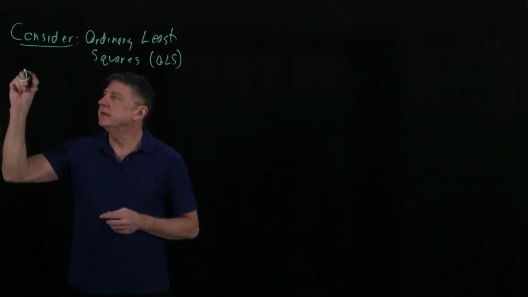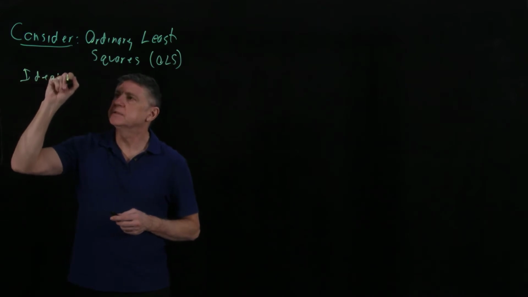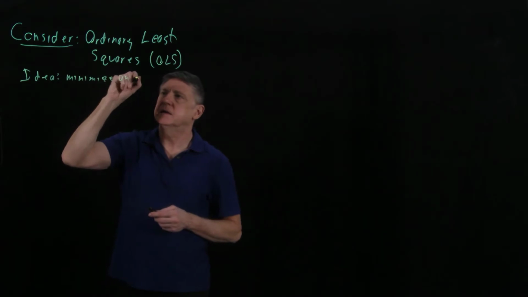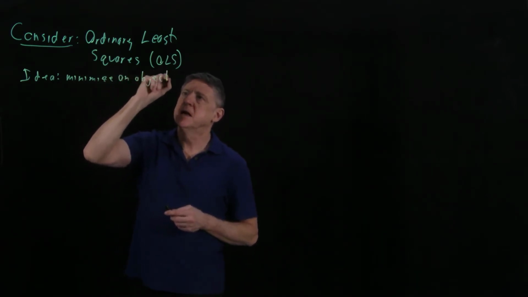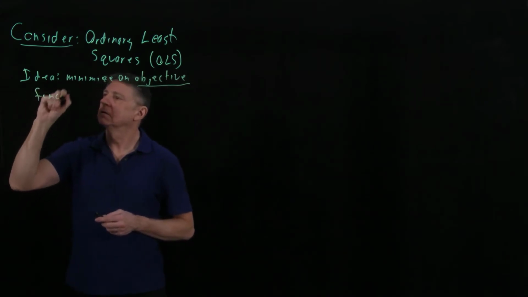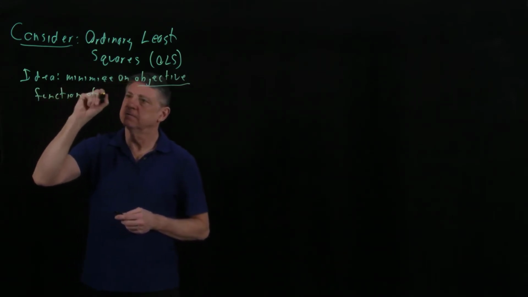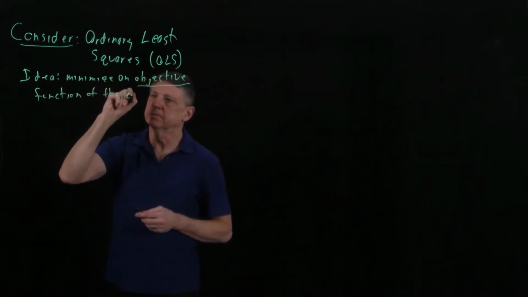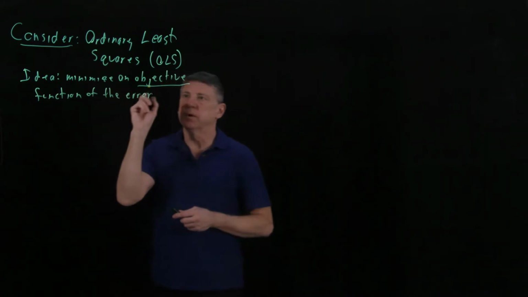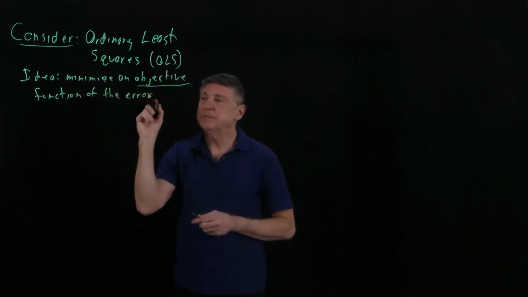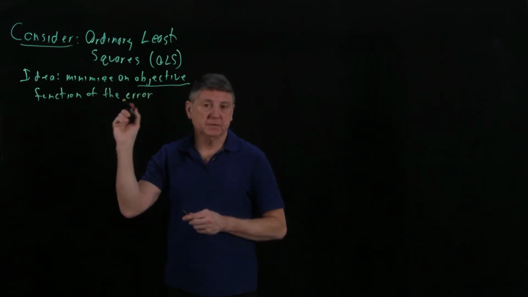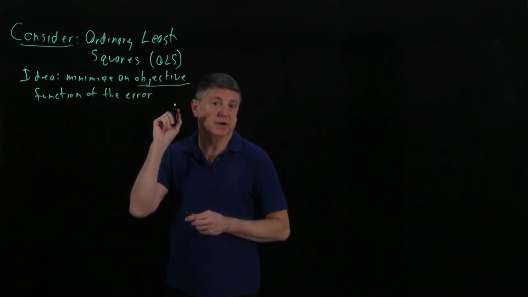So the idea is to minimize, and this is a technical term, an objective function of the error. When we say objective function, it means it maps a vector input to a scalar output.